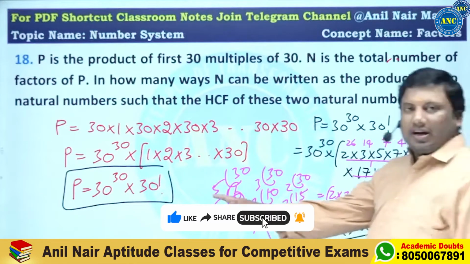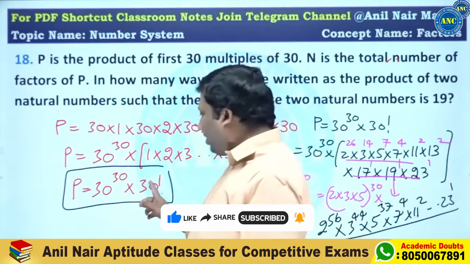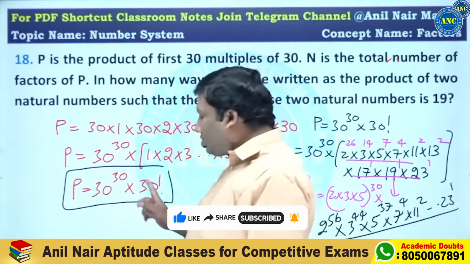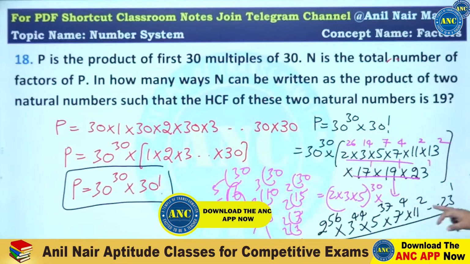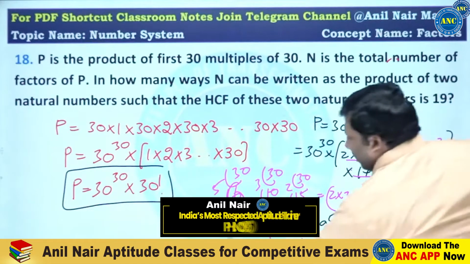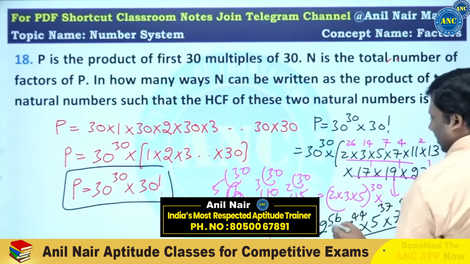What we are doing here is finding the highest power of 2, 3, 5 and so on up to 23 in 30 factorial. Now what are the factors for this number? How to find the factors?